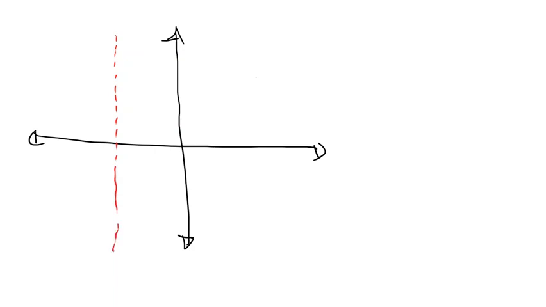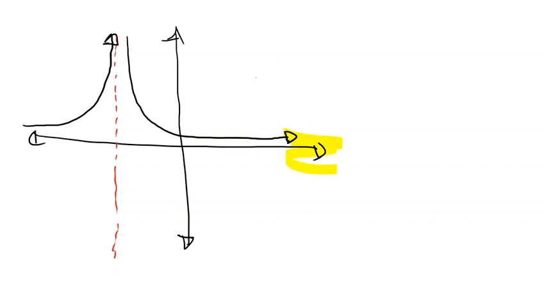And so we have a graph that looks like this. It's going like, oh, I don't know, like this. And then it's going like this. All right, all we're looking at is what's happening out here and what's happening out here. And put my little arrow on the end there.